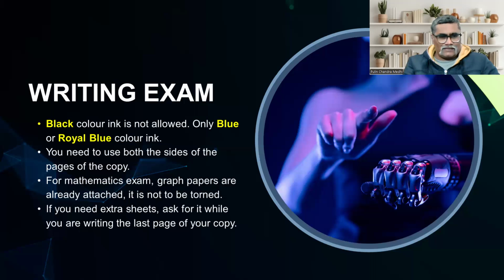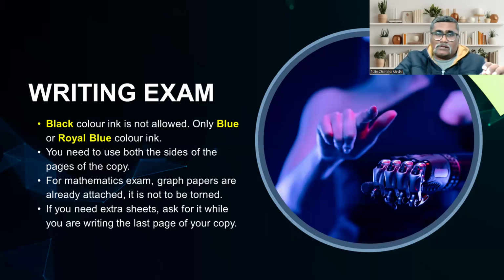For the mathematics exam, graph papers are already attached in the copy. You may have a tendency, because usually in school exams you tear the graph paper and paste it near the question. But in case of the board exam, you are not allowed to tear this. It will be considered an unfair means. Please mind it.